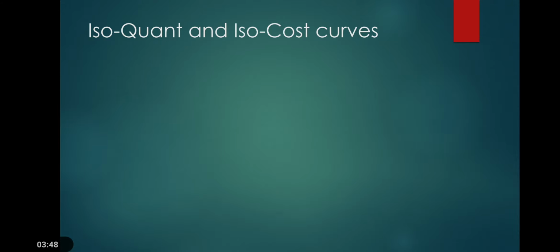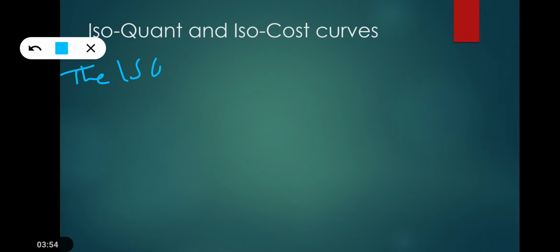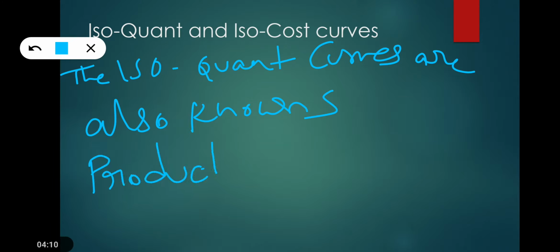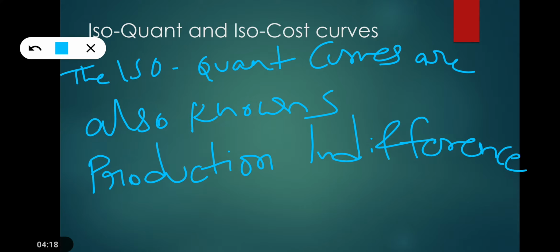The Iso-Quant curves are also known as production indifference curves.